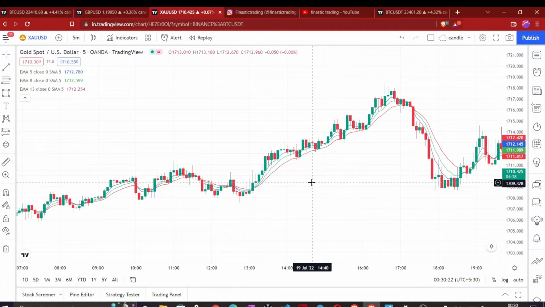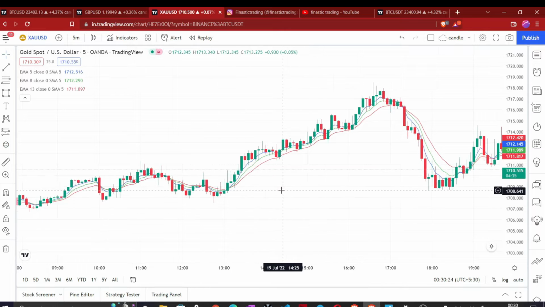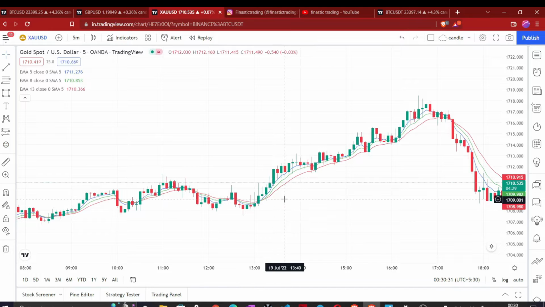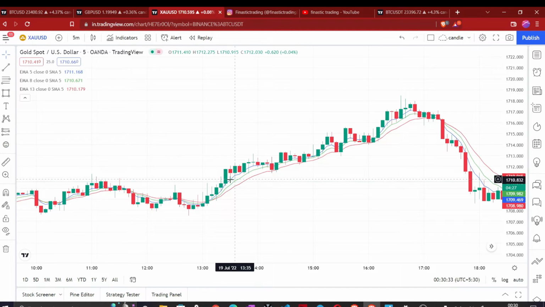So I'll give you a basic idea of how we are going to use the strategy. So for bullish entries, for long entries, what we are going to look for is this pattern right here. The 5 EMA, the blue one at the top, the green 8 EMA in between, and 13 EMA at the bottom.